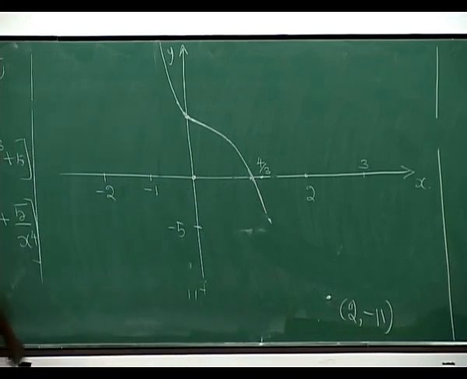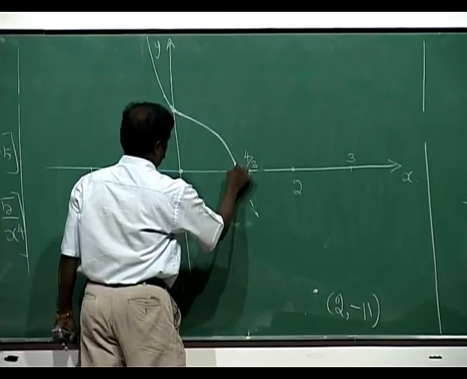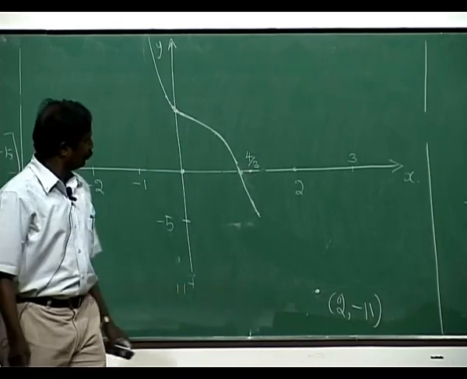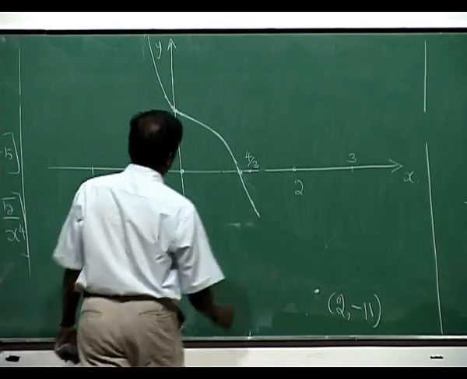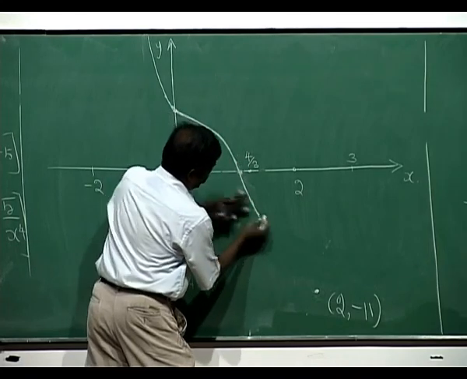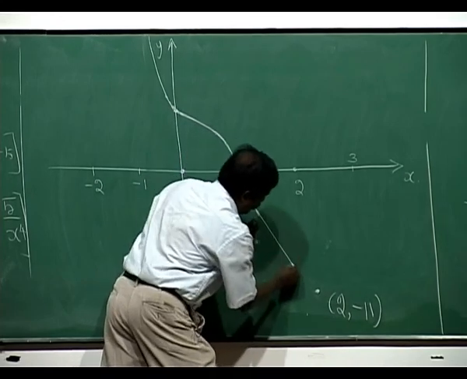The concavity changes at that point. At this point also, it is like that. At 2 it was minus 11, right? So now this is concave down. Then it is going to be concave up here, right?